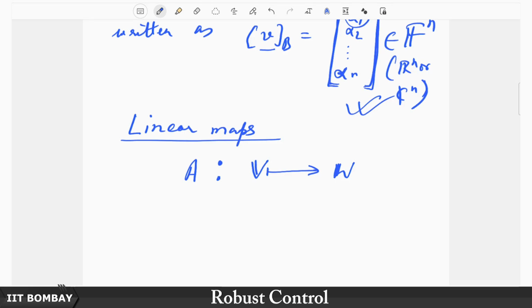Could be a general field, but again we will not really get into too much of those nitty-gritties. So it is a mapping from a vector space V to this vector space W, satisfying, very important, the following property.